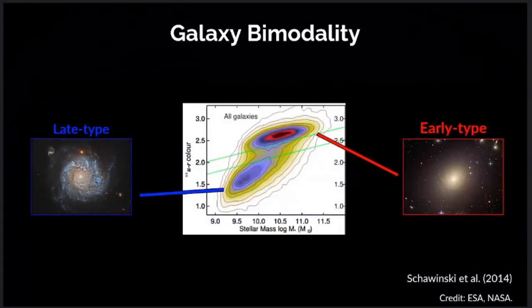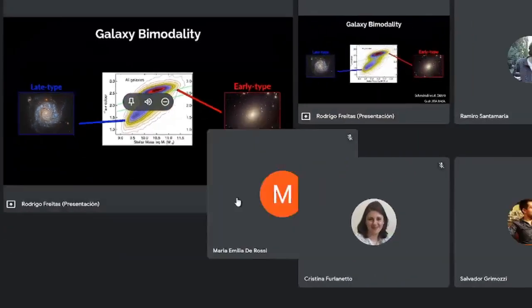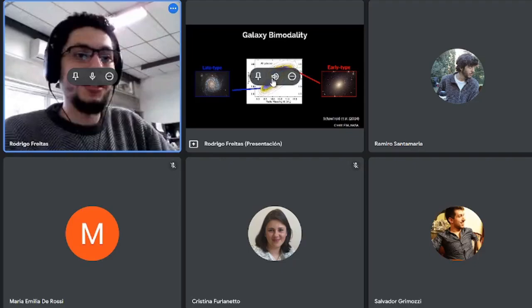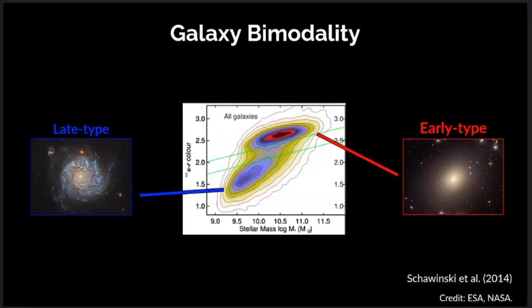So, giving a brief introduction, we know that galaxies are distributed in a bimodal way, following a bimodality in various properties, such as color and morphology. The early type galaxies are generally more massive than the late type galaxies, and these early type galaxies are the focus of this work.